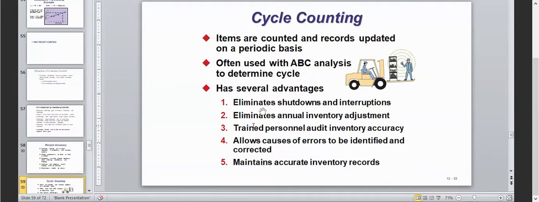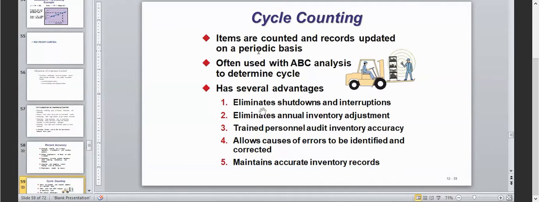To ensure that our inventory records are accurate, there is an approach called cycle counting, where items are counted and records updated on a periodic basis.